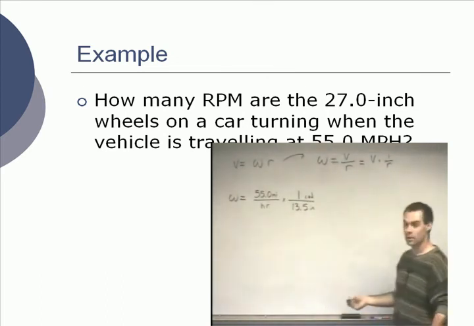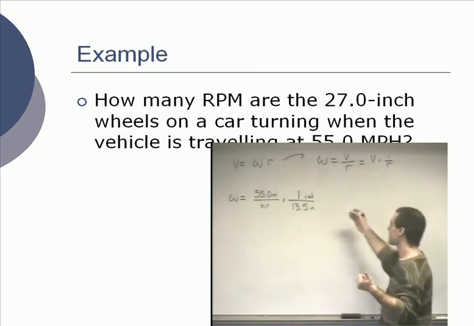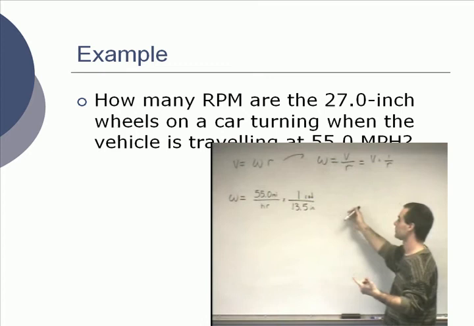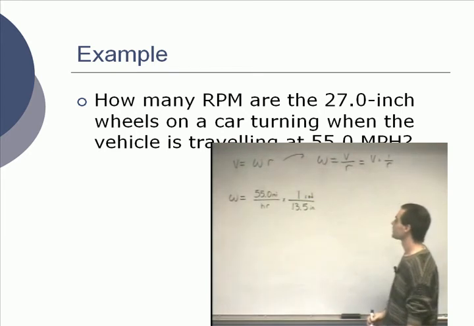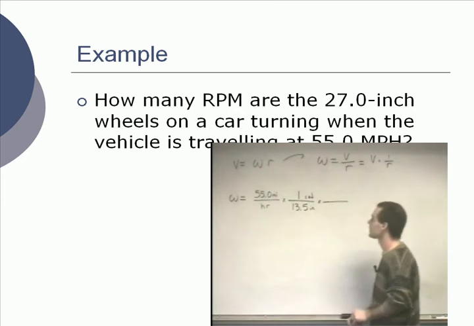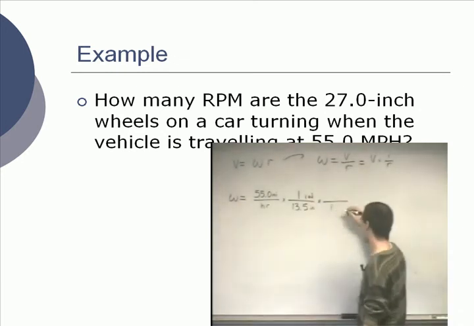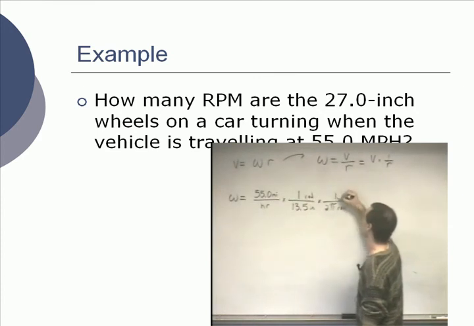Now we just need to make our units line up. We want revolutions on the top and minutes on the bottom. Suggestions? We want to get RPM, so revolutions per minute. Let's get radians into revolutions. 2 pi radians is 1 revolution.